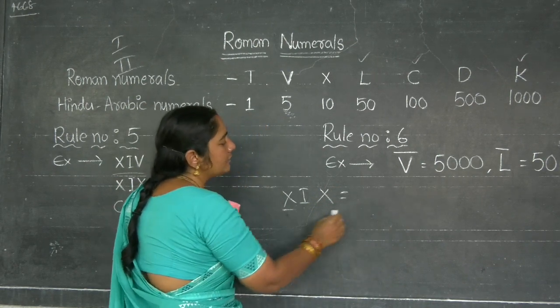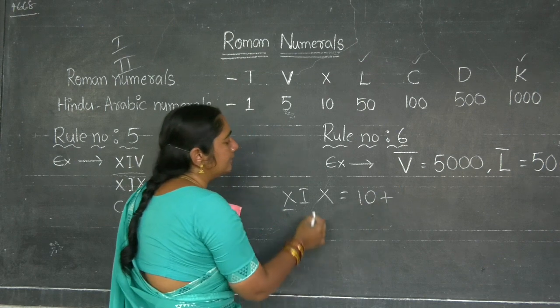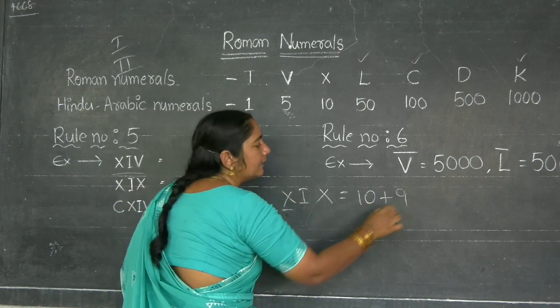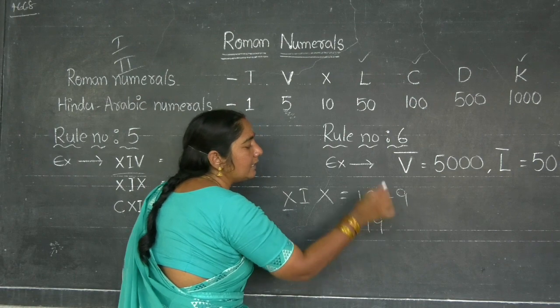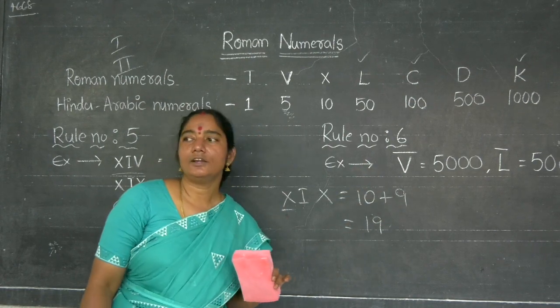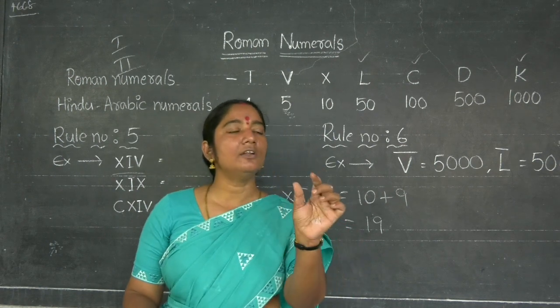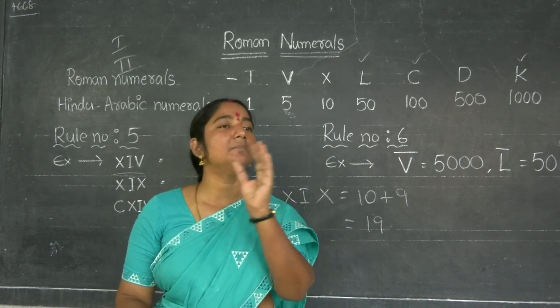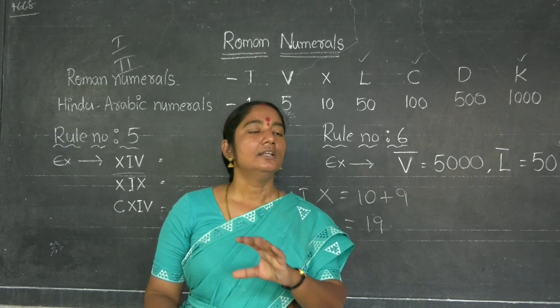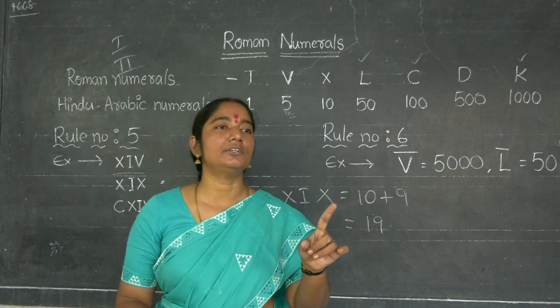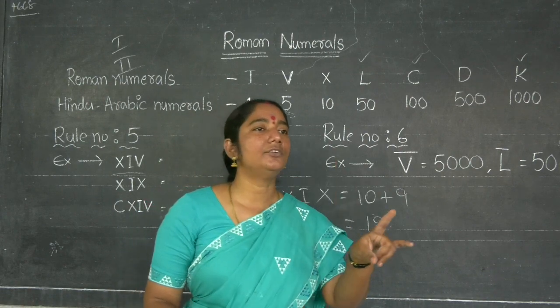Means what? This is 10 plus, now this is 10 minus 1, that is 9. Means the value is 19. I think now you understood. I gave the second example. Whenever any smaller value numeral is placed in between the bigger two ones, then the option we have to go for is only subtraction. We should not go for addition.